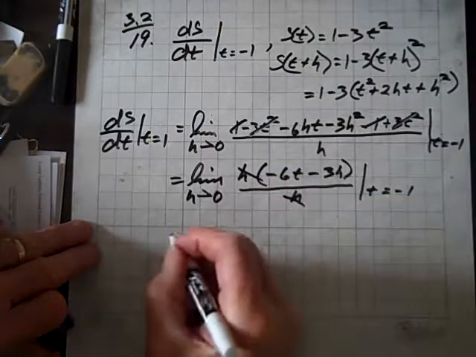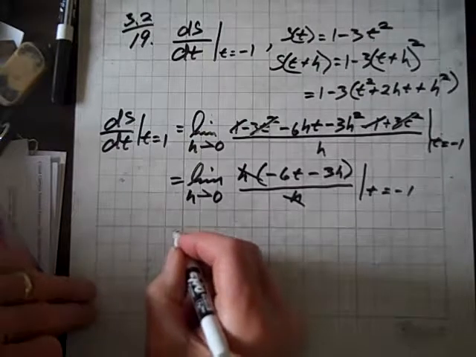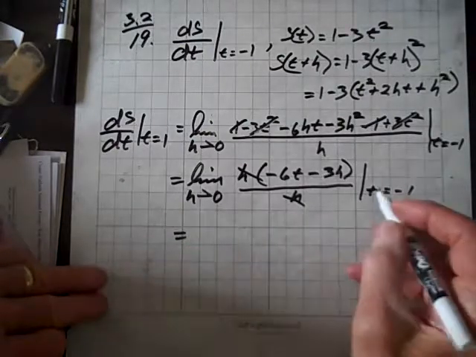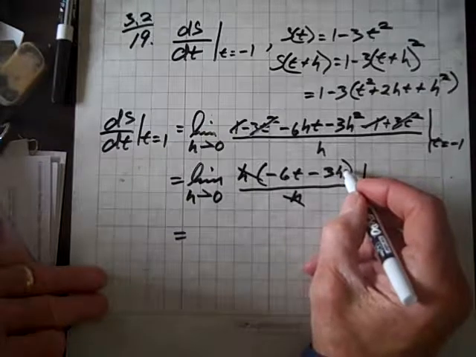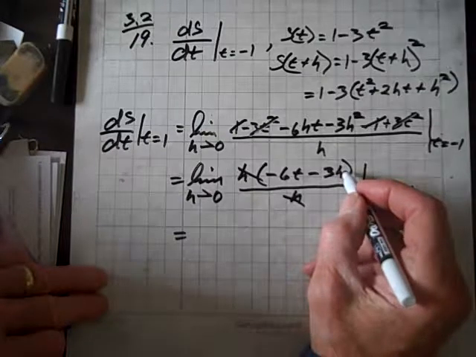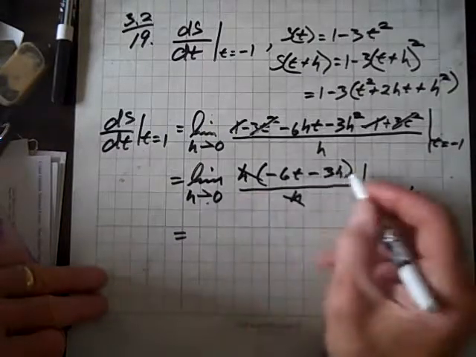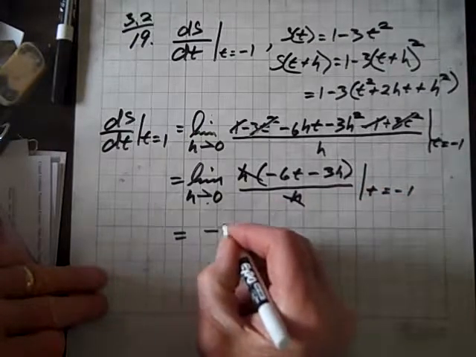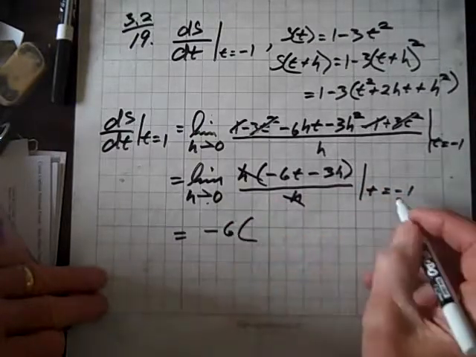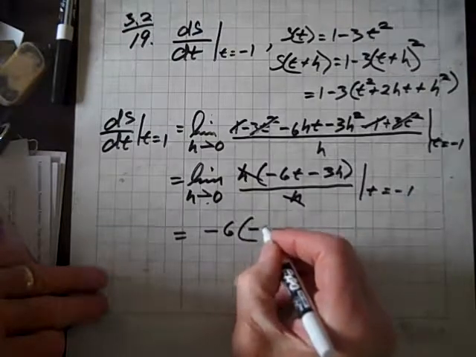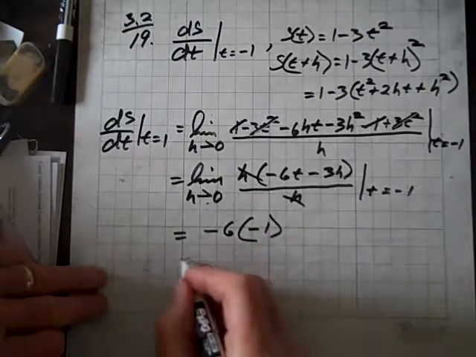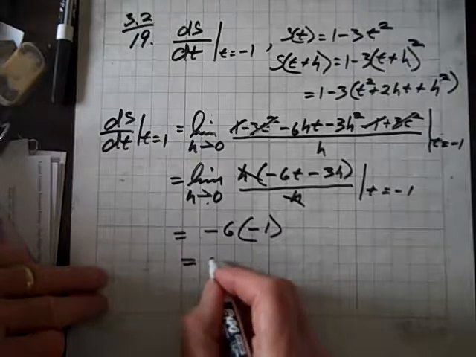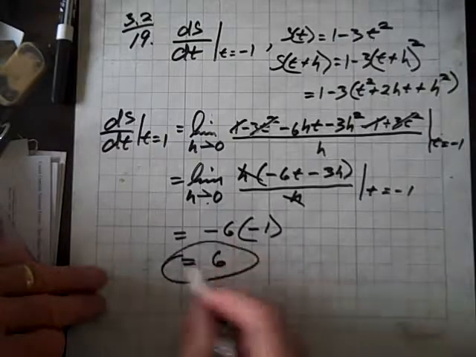So those divide out, and this equals, now letting h go to 0, this term we lose, and we get negative 6, and we're replacing t with negative 1, and so that equals 6, and we are done. We did it.